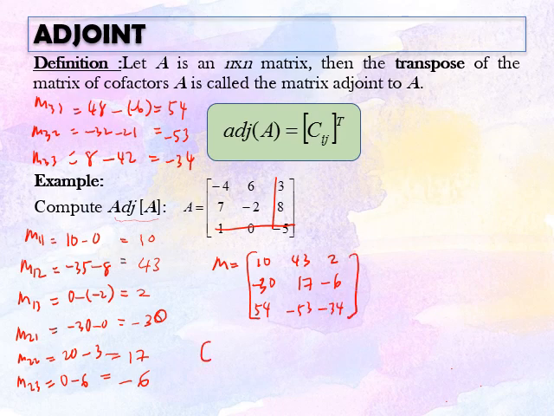So for the C, we follow positive, negative, positive, negative, positive, negative, positive, negative, positive. So positive of 10 is 10, negative of 43 is negative 43, positive of 2 is 2, negative, here is negative, sorry, here is negative, so it's positive here.